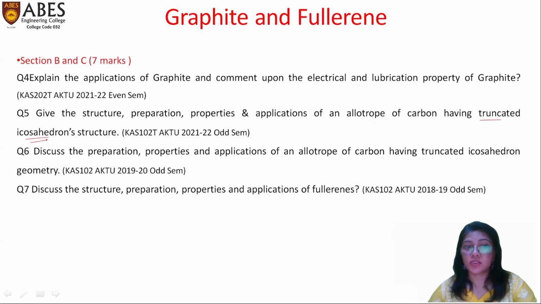This is another name for fullerene, and it has also been discussed in lecture video 1, the topic of graphite and fullerene. So you have to write in detail about the structure, preparation, properties, and applications of fullerene. The next question is again a repeat, also for fullerene because it is a truncated icosahedron. Next is a repeat question for fullerene.